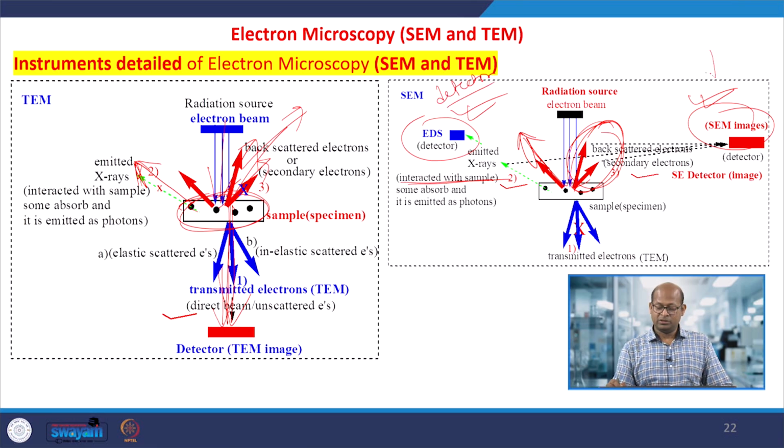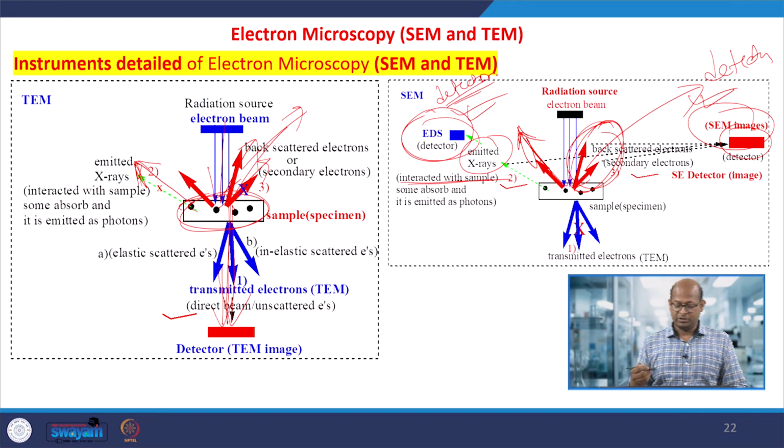The detector collects the backscattered electrons to give the image, and the emitted X-rays give the element analysis of the materials present.